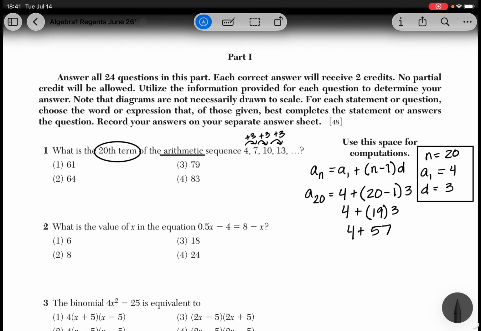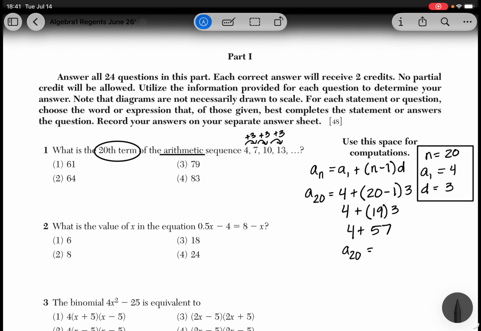And then 4 plus 57 gets us to 61. So a of 20 equals 61. So our correct answer here would be answer choice 1. Sorry, not answer choice 1. Yeah, answer choice 1.